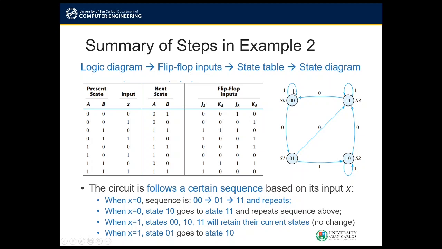So here it goes back to itself, this goes back to itself, and 1, 0 also goes back to itself. When x is 1, state 0, 1 goes to state 1, 0. So this is the summary of the sequence or the behavior of example number 2.